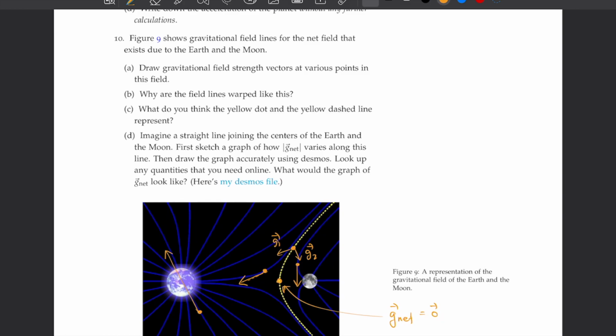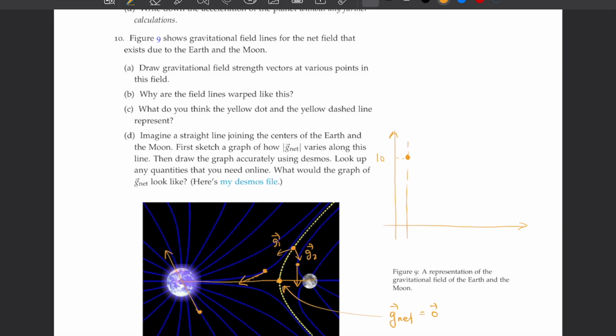Imagine a straight line joining the centers of the Earth and the Moon. We have to sketch how the absolute value, the magnitude of g net, varies. So imagine this line, and let's sketch a graph. It's the magnitude, so it's always going to be positive. We start at some point on the surface of the Earth, not inside the Earth, and we know that g is around 10 at that point.